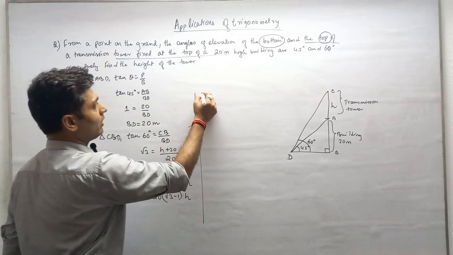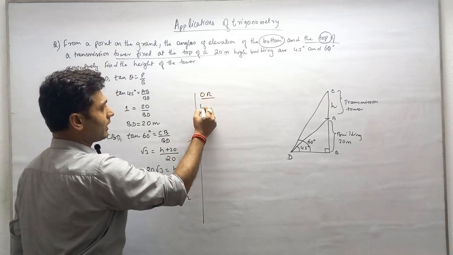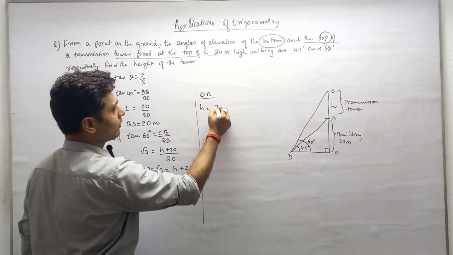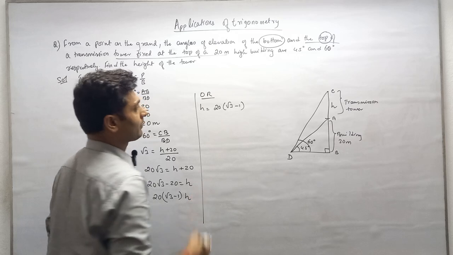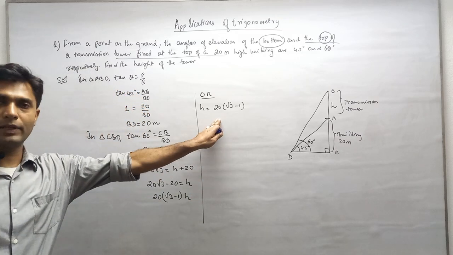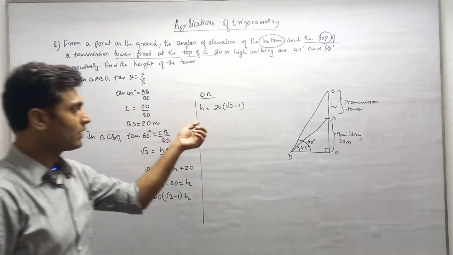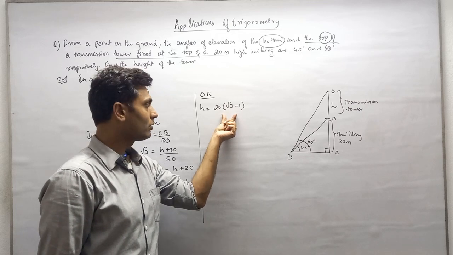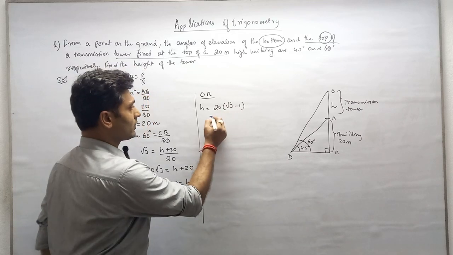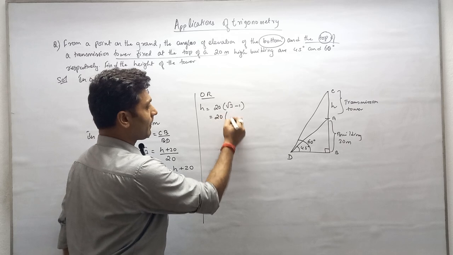Or we can write H is equal to 20 into root over 3 minus 1. Either you can leave the answer up to here, or as I told you in the beginning, we can put the value of root over 3.